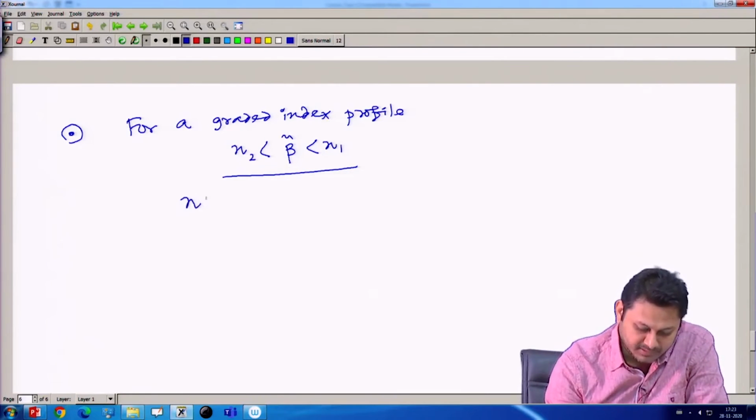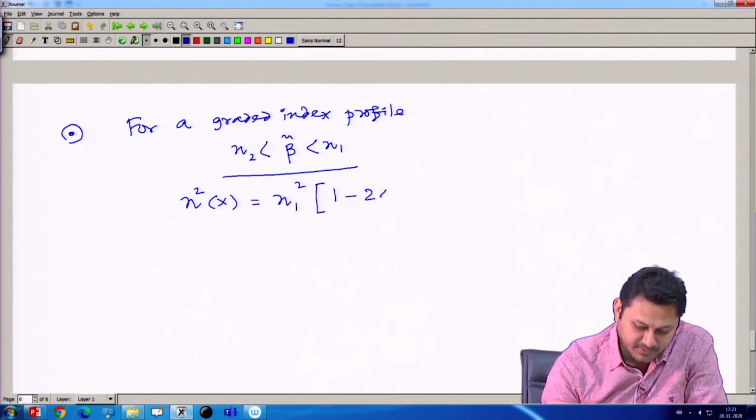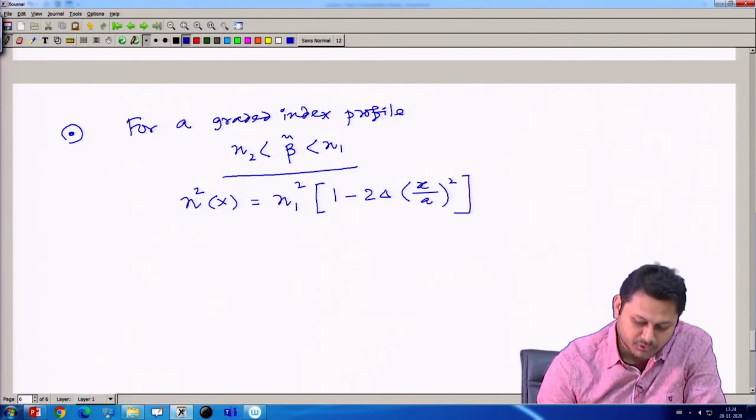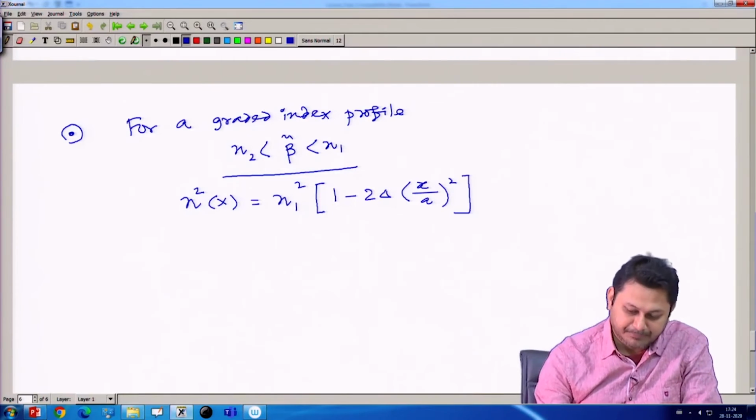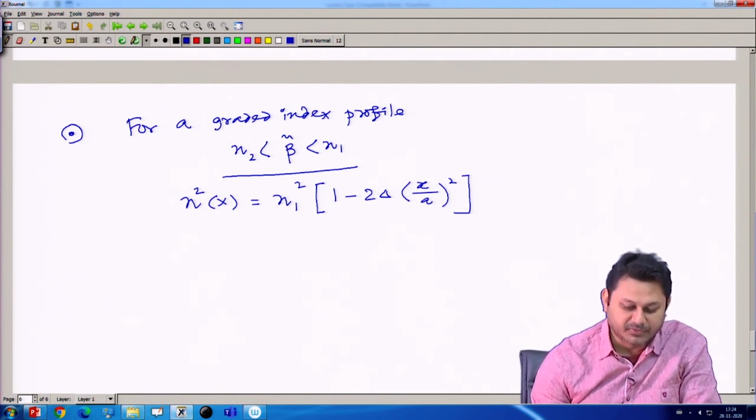So let us write it in this way. This is a fundamental restriction that a ray constant should follow for a graded index profile.